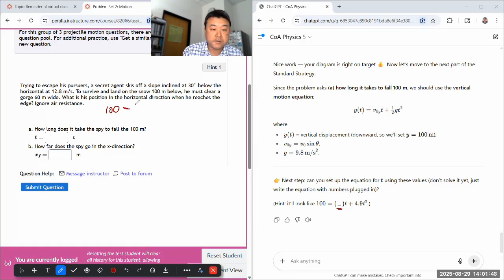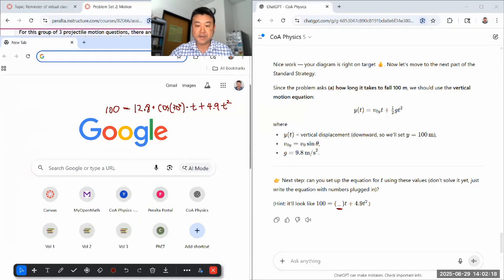So you wrote down 12.8 meters per second, and we'll just be sloppy with the units, cosine of 30 degrees times time. I'll have to solve for time, I guess. Plus 4.9 t squared, and then I can actually use Wolfram Alpha to solve for time, just to save a little bit of time.